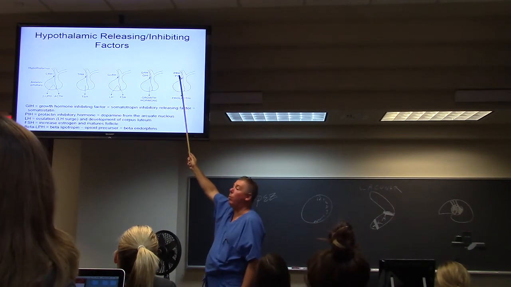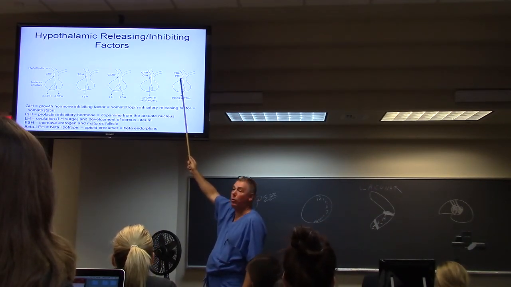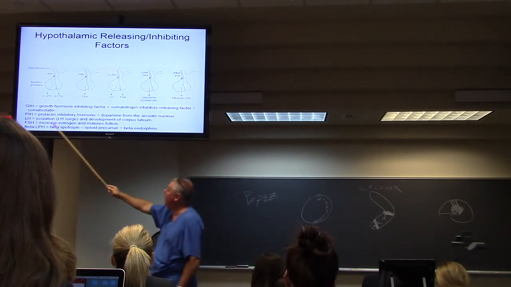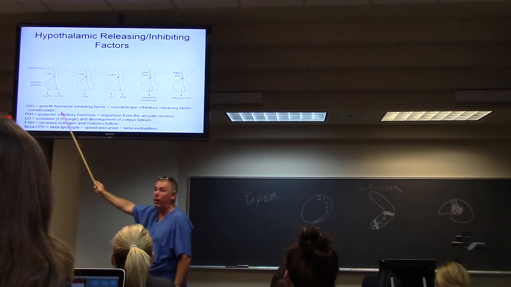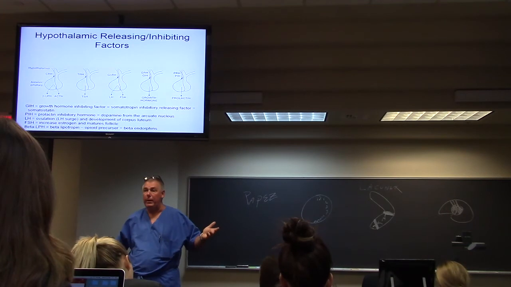Prolactin releasing hormone causes it to release. Prolactin inhibitory hormone stops prolactin production. Prolactin inhibitory hormone, the neurons use dopamine. Prolactin inhibitory hormone is dopamine.